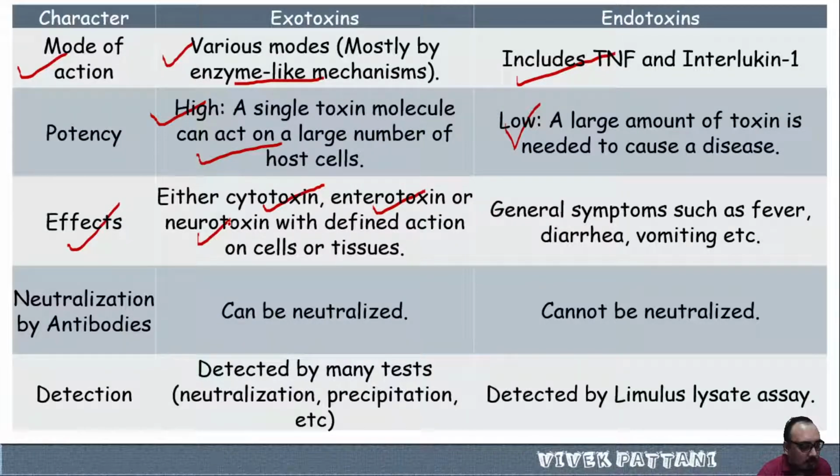Whereas in the case of endotoxins, general symptoms include fever, diarrhea, vomiting, etc. Exotoxins, as I told you, are specific. They may even affect the nervous system directly. Some may even kill a large number of cells in our body, depending on the type of toxin.